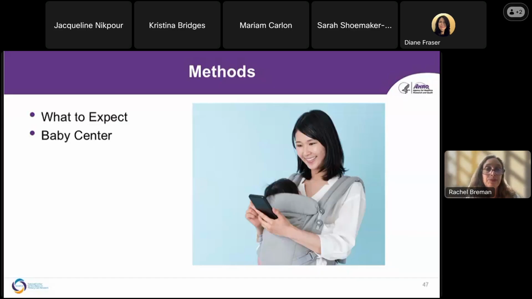And there were 22 items in this iteration. The first iteration of CHOICES has 15 items, and this iteration has 22. There are 16 questions related to labor and birth, and 6 questions related to prenatal care.